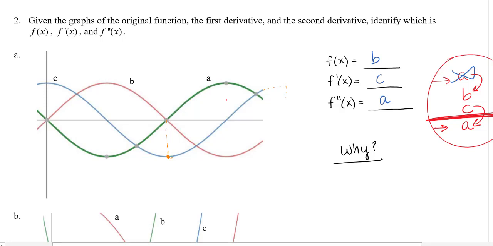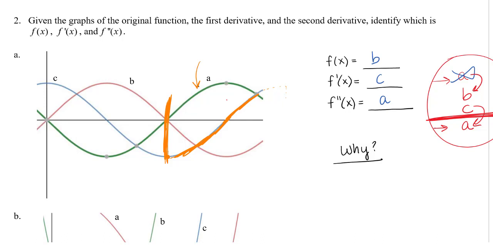So I have positive sloping tangent lines in this section right here. And so my derivative graph should be above the x-axis from that x value on, which is A and not B. So I know A has to be C's derivative.